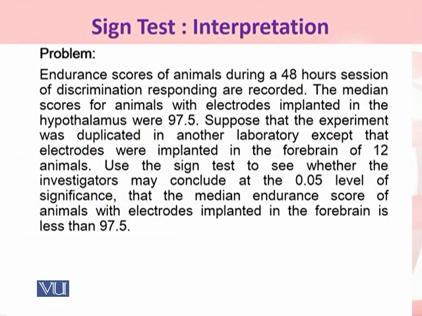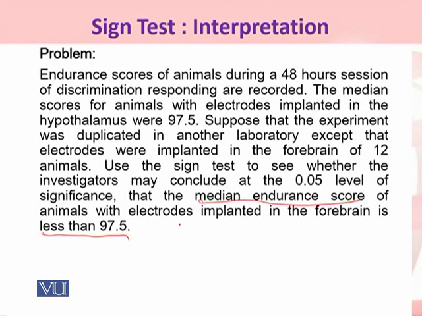Students, let me remind you of the very problem we discussed under the data entry procedure. We have to test the hypothesis at the 0.05 level of significance about the endurance scores of animals. We were asked to test that the median endurance score of animals with electrodes implanted in their forebrain is less than 97.5.